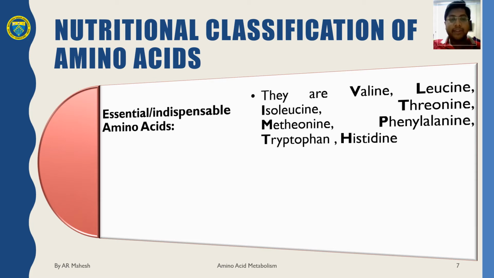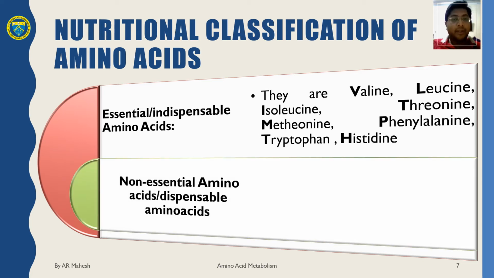Examples of essential amino acids are valine, leucine, isoleucine, threonine, methionine, phenylalanine, tryptophan, and histidine. The non-essential amino acids are those which are synthesized in the body from the carbon skeletons of lipid or carbohydrate metabolism, or by transformation of essential amino acids.